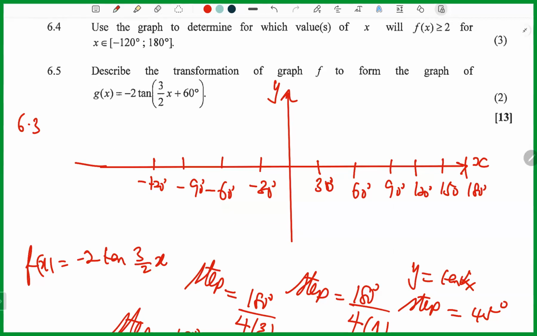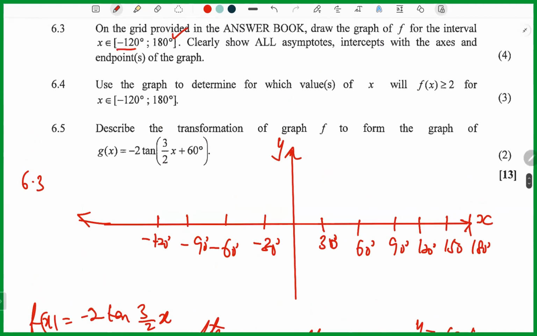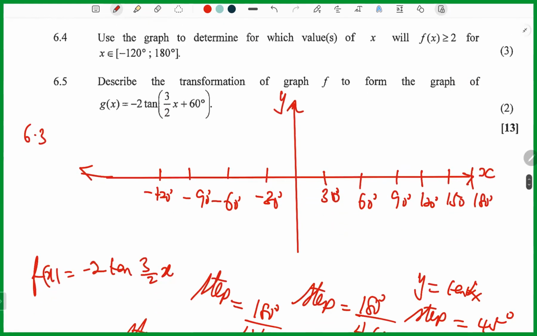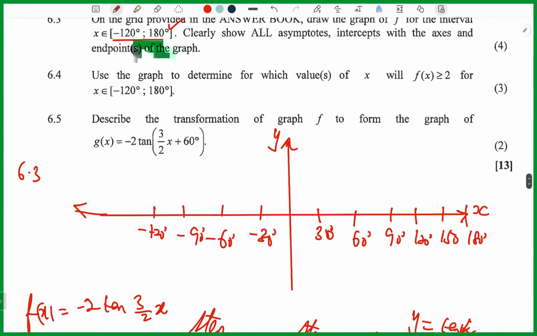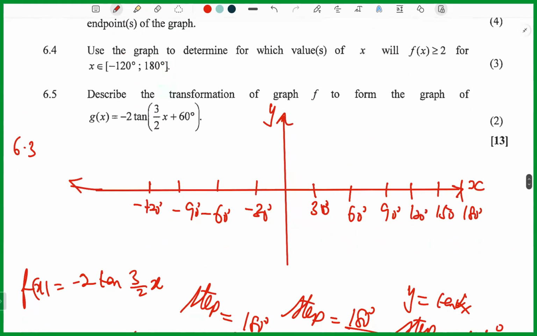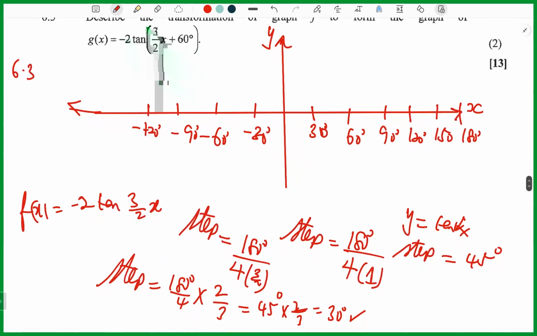Okay. This is the graph. And then we just complete the graph between minus 120 and 180 degrees. Right. So we need to use a calculator to do this one normally. But there's a couple of things that are very important here.